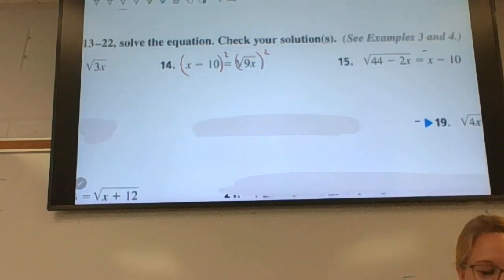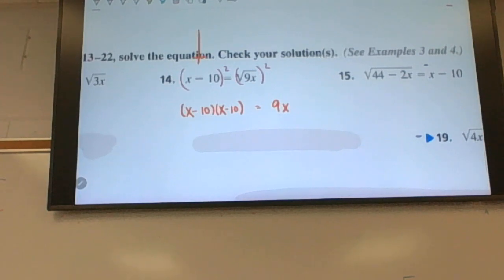But don't do that. When you square a binomial, you have to actually side by side FOIL this. Okay? So I'm going to put another caution note right here. Caution, you have to do 2 sets of parentheses. Do a first, outer, inner, last, or it's not going to come out right.